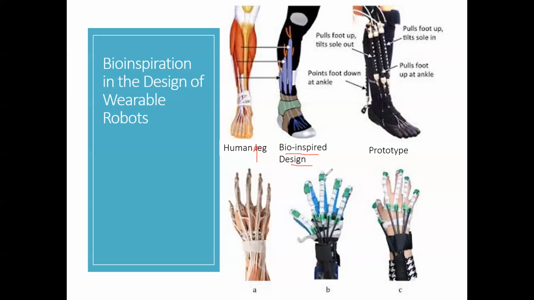Similarly for the hand again, this is one of the hand robots that we had made for a child in Almaty actually. So while we work with rehabilitation robots, we also work with assistive robots. The difference is that there are certain neurological disorders which can be cured, but there are a few disorders, neurological disorders especially, which cannot be cured.